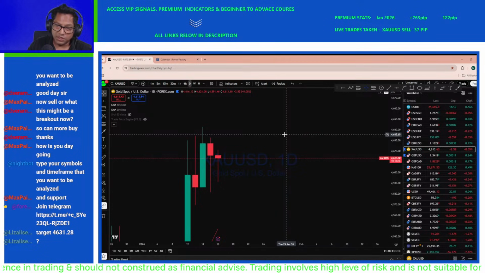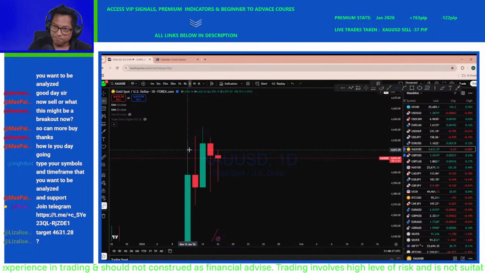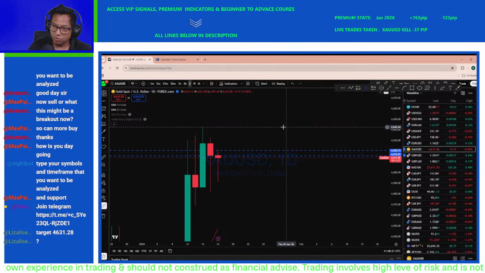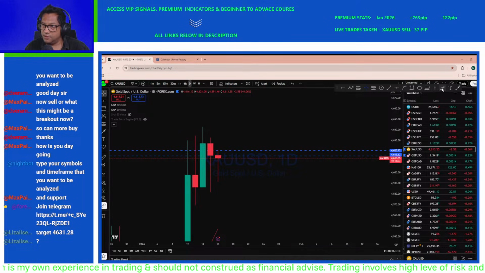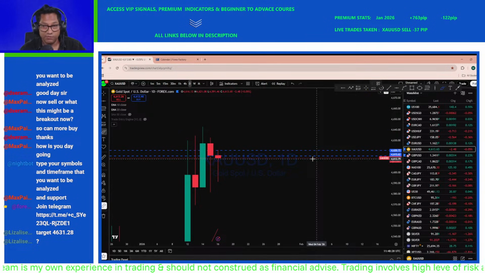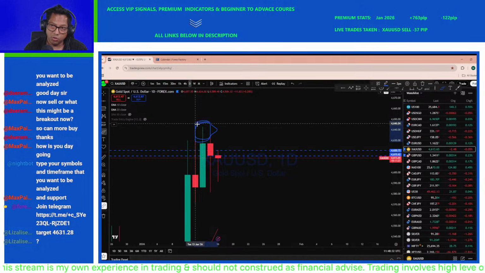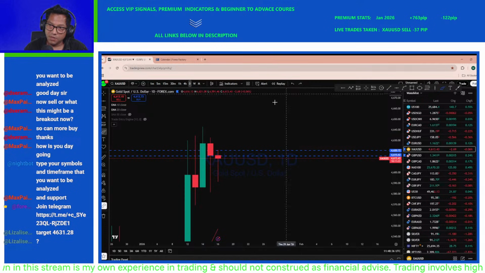So what we could see is the market either breaking this daily high, or the market breaking this daily open and close. Now if you look at the overall picture, because the daily trend is very important, you can see this is the daily long wick, and there is another daily candle and today's candle.